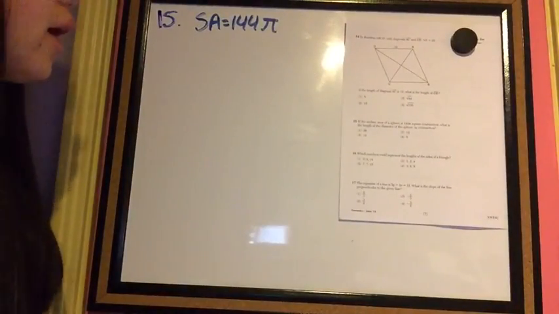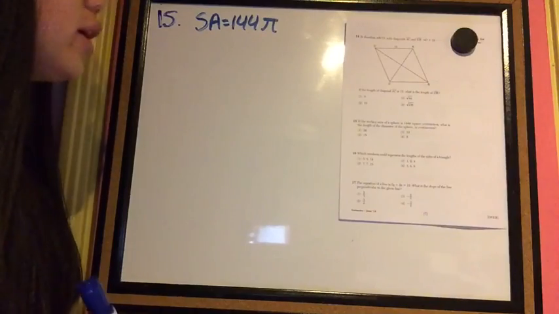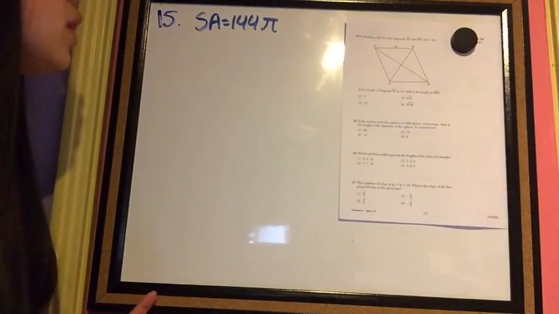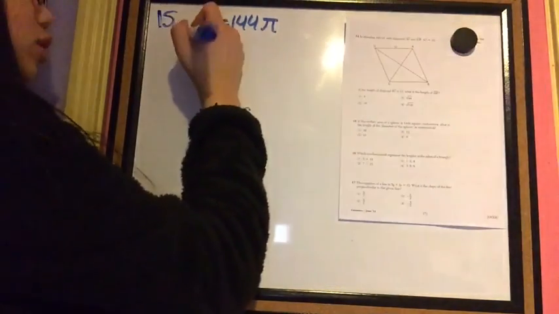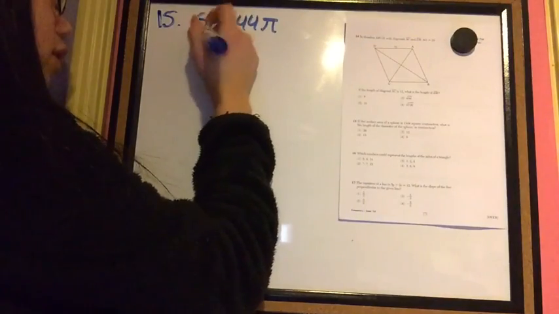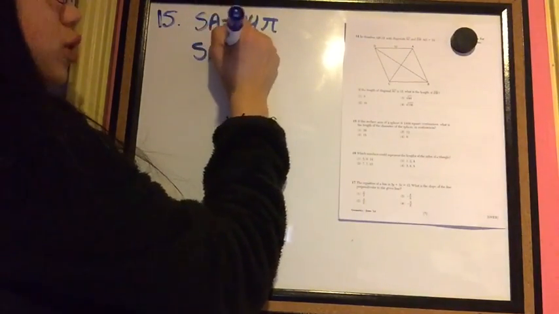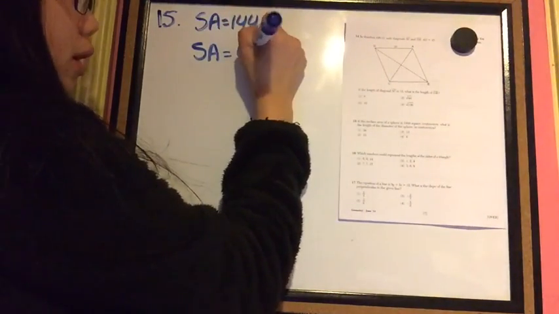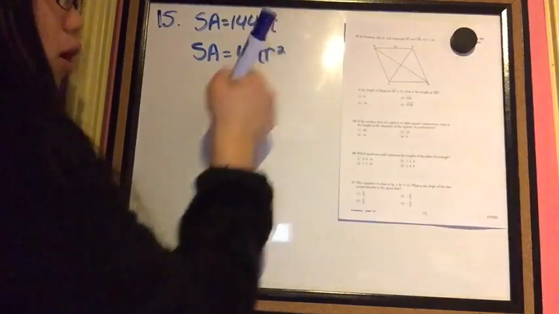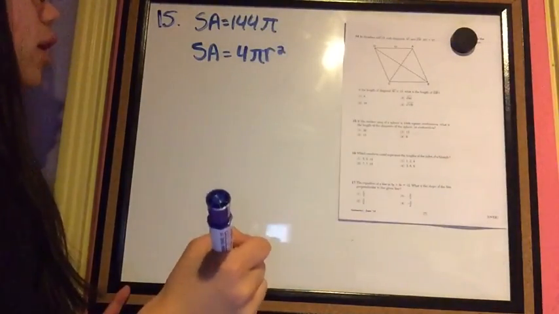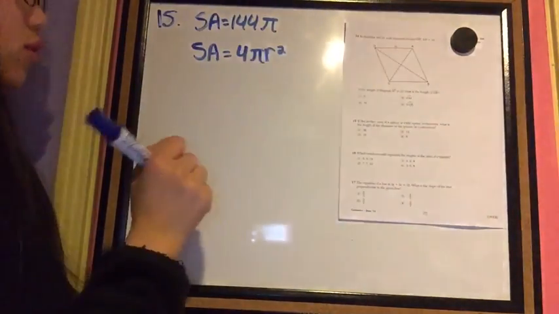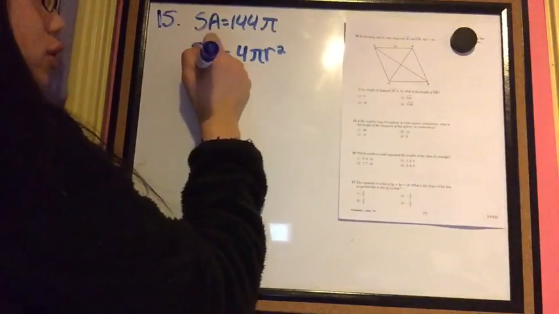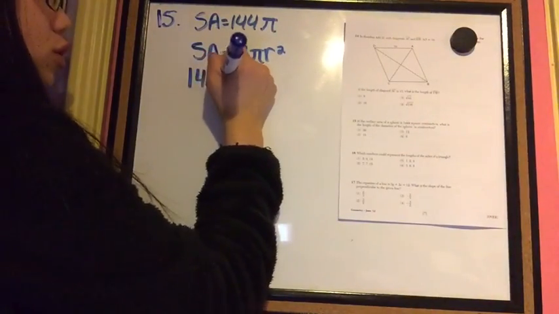Number 15 asks the length of the diameter of a sphere. So for this, we need to use the equation for the surface area of a sphere, which is equal to 4 pi r squared, r being the radius. And we are trying to find the radius, so the surface area, we've been told, is 144 pi.